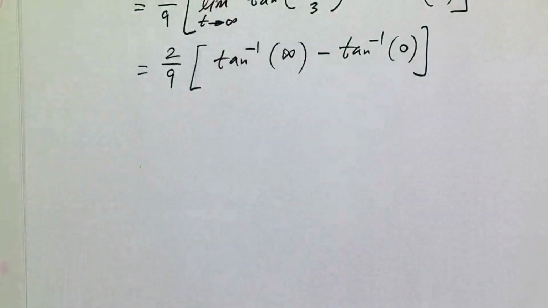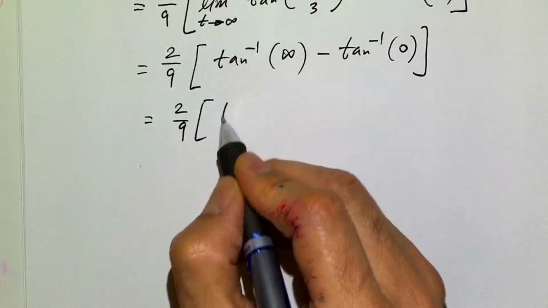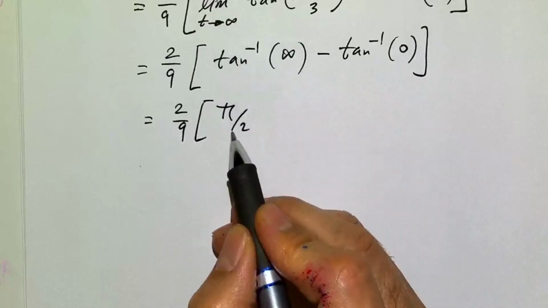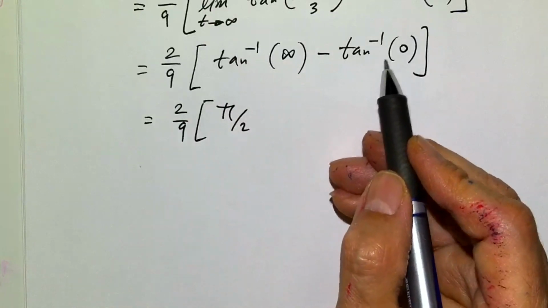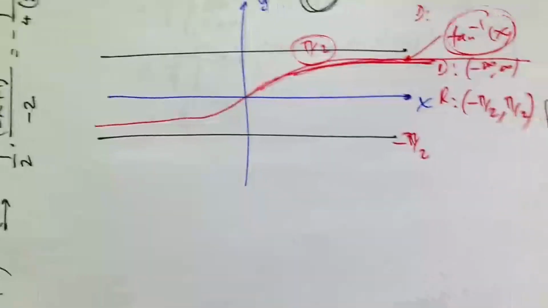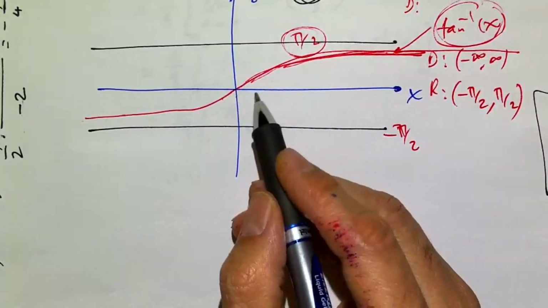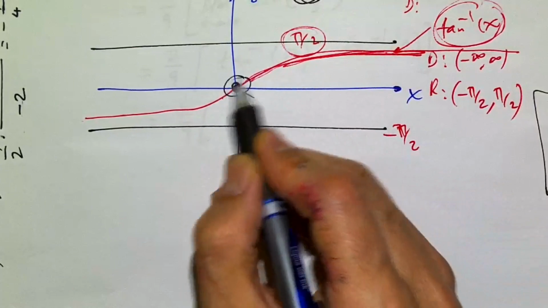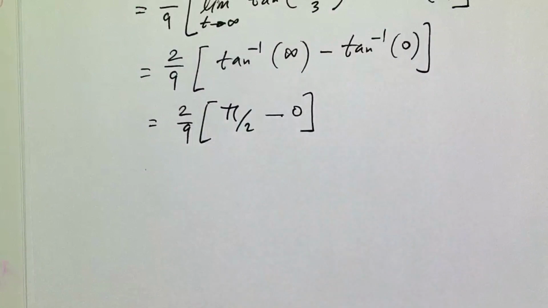That's the scenario we have here. So therefore, we can replace this whole thing by pi over 2. And from the same figure, if we remember from trigonometry, math 127, inverse tangent of 0 is 0. So then minus 0.